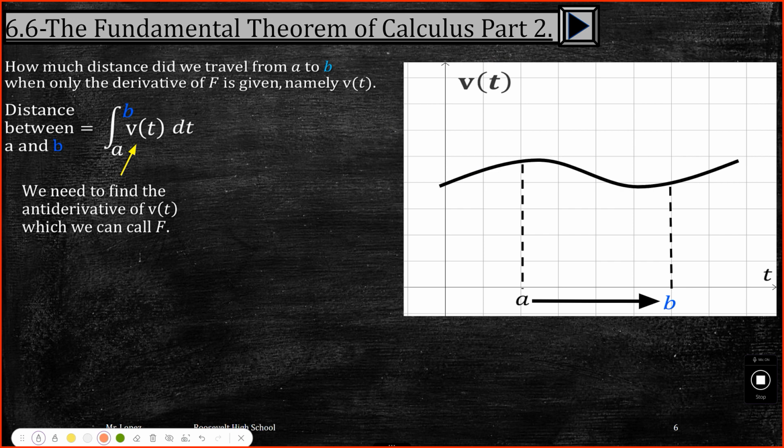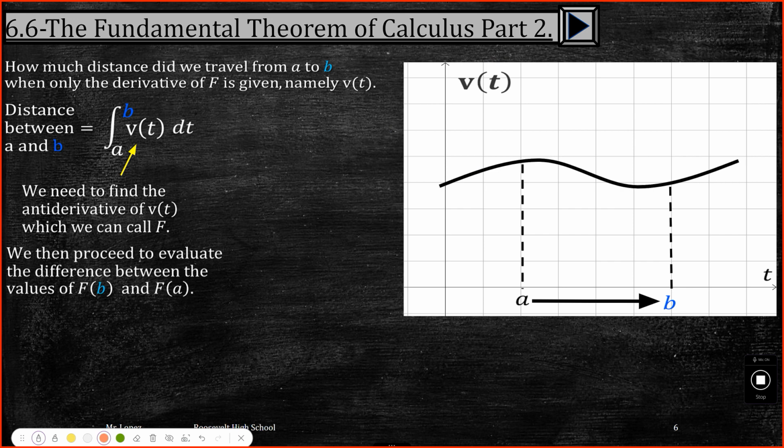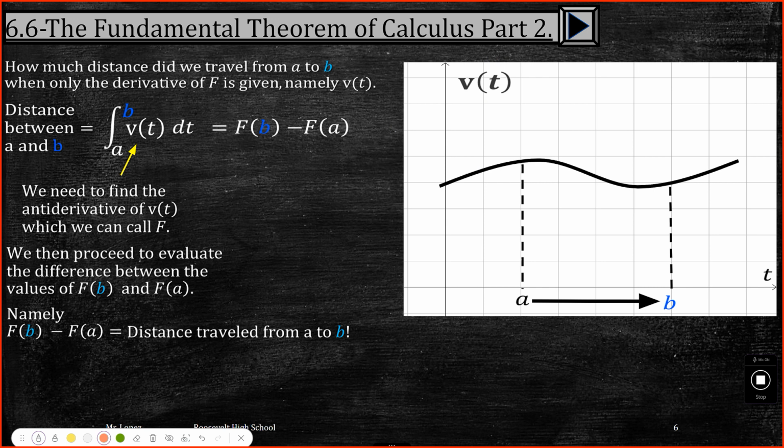So if we can just find the antiderivative of v of t and then evaluate the function f of b minus f of a, then we would know how much distance it has traveled between A and B. So f is the antiderivative of v of t.